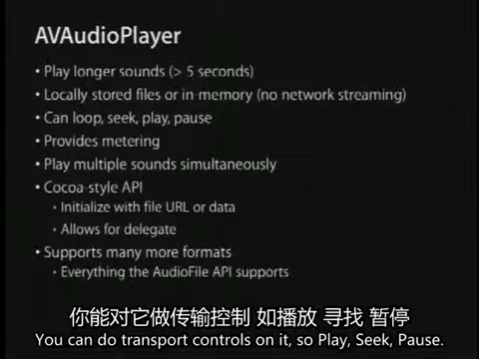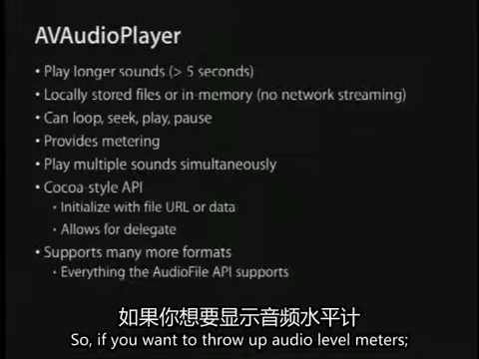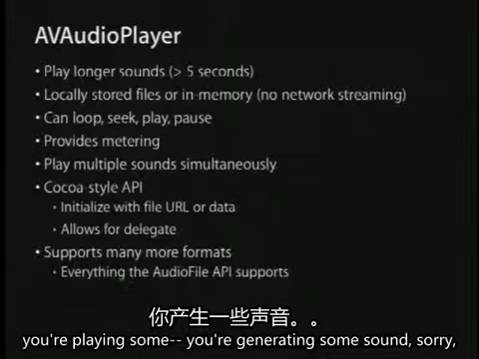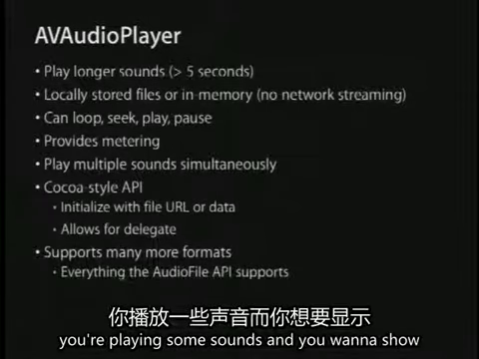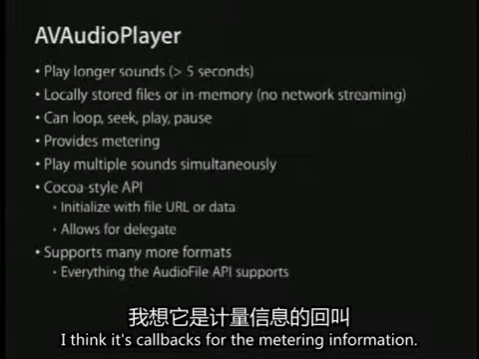You can do transport controls on it, so play, seek, pause. You can get metering information. So if you want to throw up audio level meters, right? You're playing some sound, and you want to show the amplitude going up and down. You actually get, I think it's callbacks for the metering information.